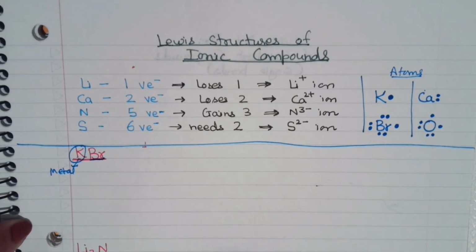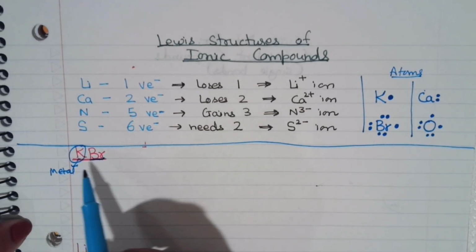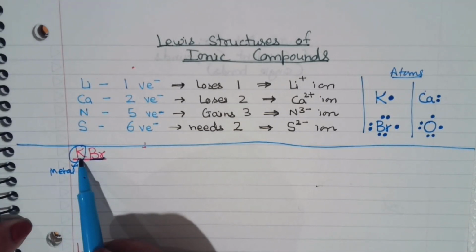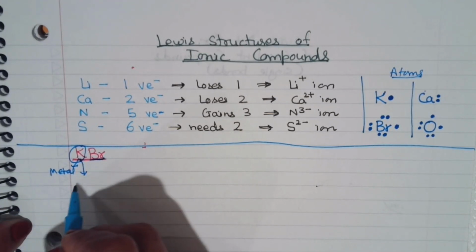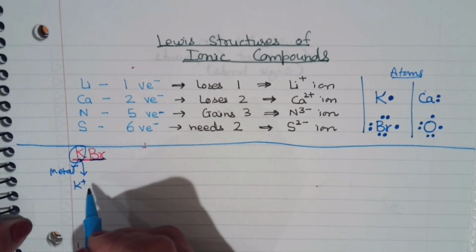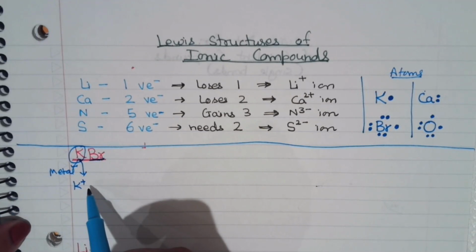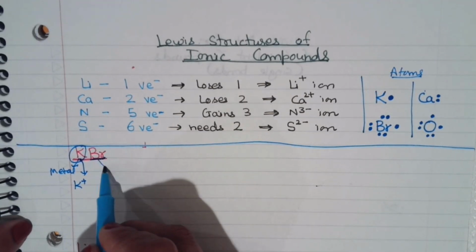The only ionic compound that is all non-metallic is ammonium. So K is a metal and it is going to make a cation. K forms K+. Potassium loses one electron to look like a noble gas.